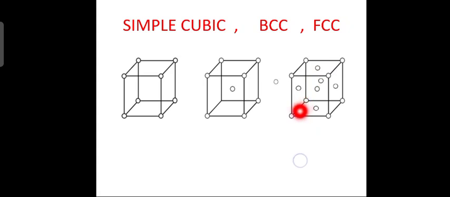So, how many are there? 8 at the 8 corners, plus 6 faces are present, correct? A cube contains 6 faces, so 8 plus 6 is 14. So, 14 lattice points are present in the case of the face centered cubic lattice, and in the case of body centered cubic there are 9, because 8 at the 8 corners and 1 at the center of the body, therefore total 9 lattice points. Whereas in the simple cubic structure, 8 at the 8 corners, that means 8 lattice points are present.